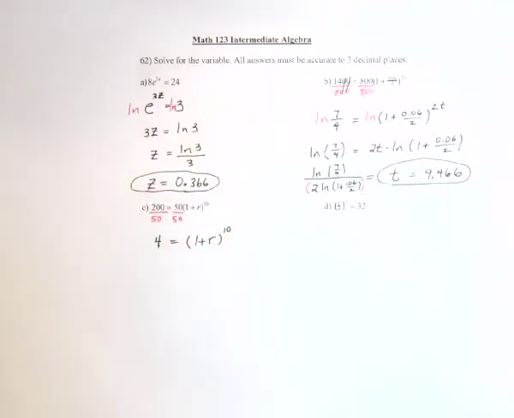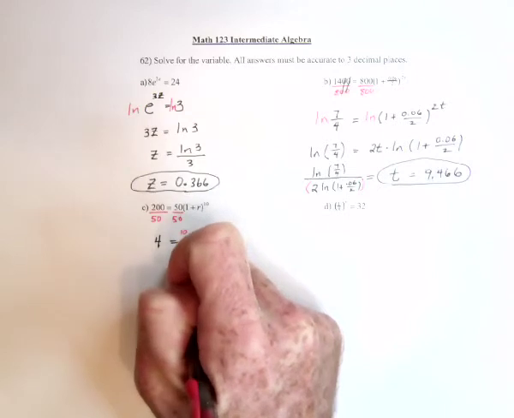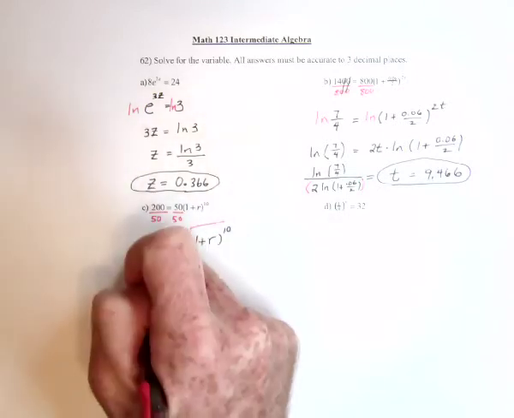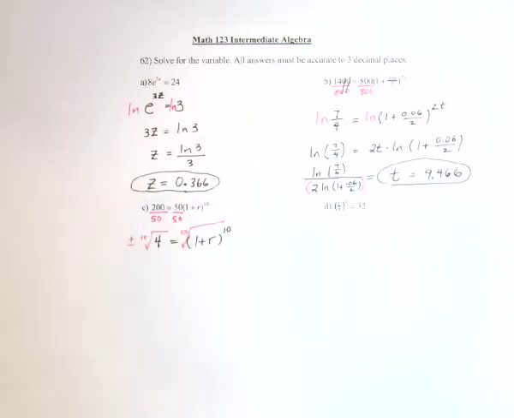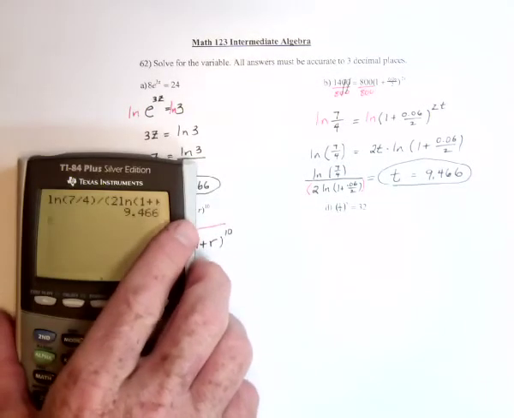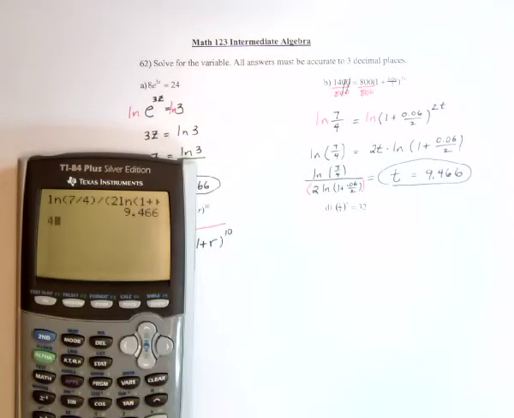And then in order to get rid of a 10th power, use a 10th root. And then because we're taking an even root, we need to put plus and minus. So with this one, the 10th root, there's two ways to do it.